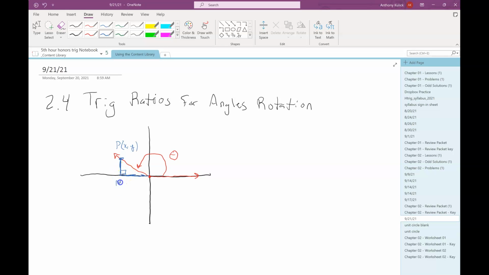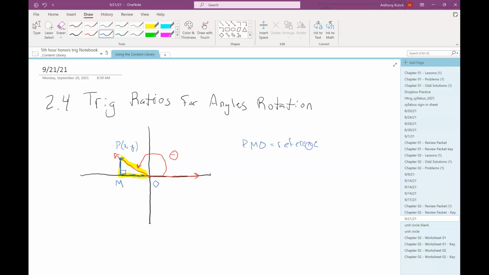I'm going to call that point M, and then the origin we'll call O. And if we look, what have we just formed here? A right triangle. Yeah, so this kind of triangle that we form here is called a reference triangle.